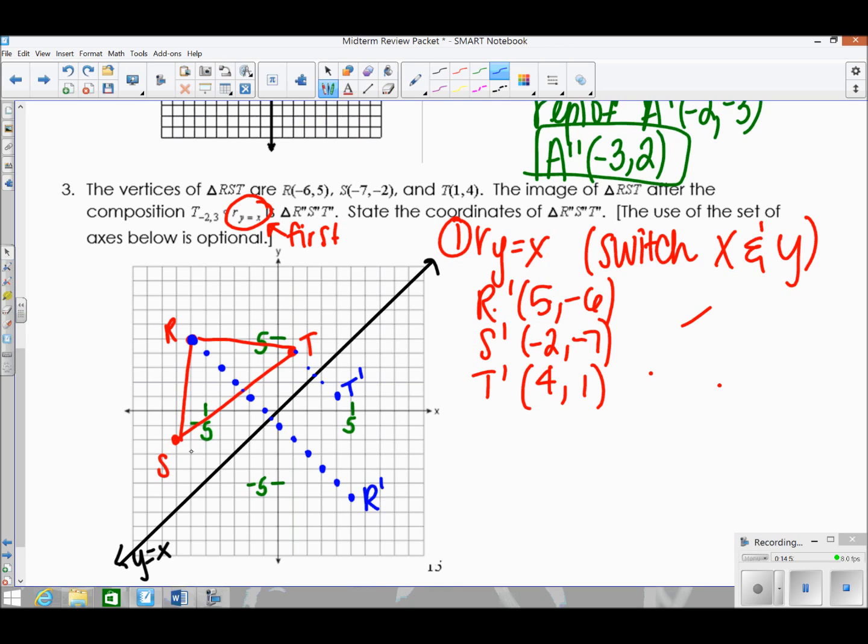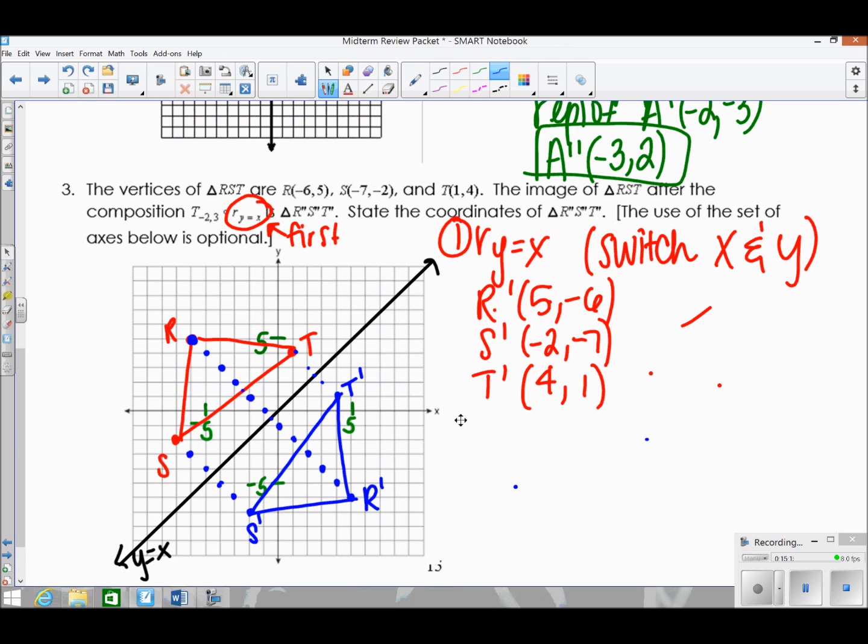And then S, we go 1, 2½, so then a half, 1, 2, and that'll get me S prime. So then if you connect these, that gets you your set of coordinates, which we matched. So remember, this one should have been -2, -7, which matched.